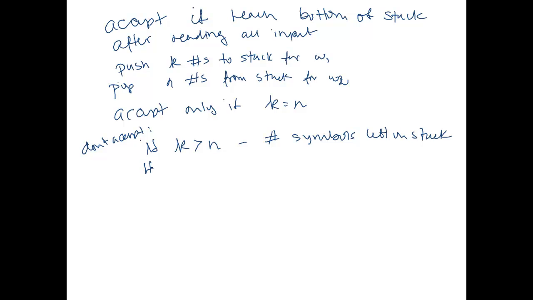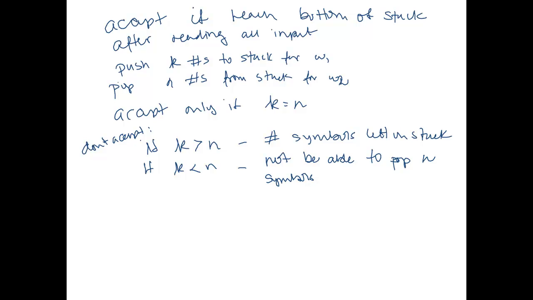If K is less than N, okay, we're going to not be able to, how do I say this? We're going to reach the bottom of the stack before we're able to pop N symbols.